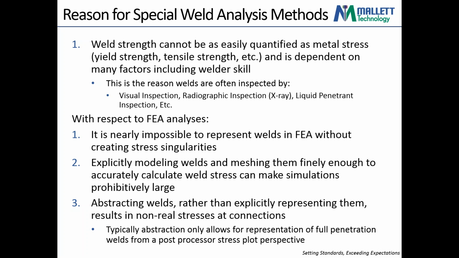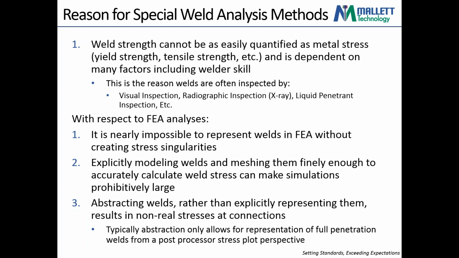Our third option would be to abstract the welds, rather than representing them. But if we abstract welds, you still get some stress singularities, and it also results in non-real stresses at connections.